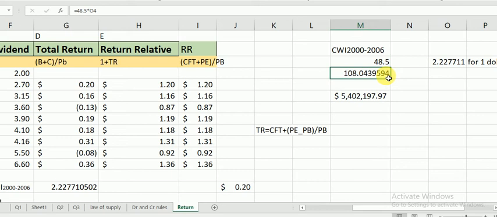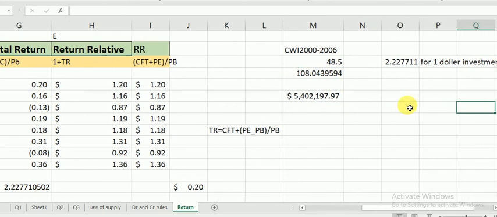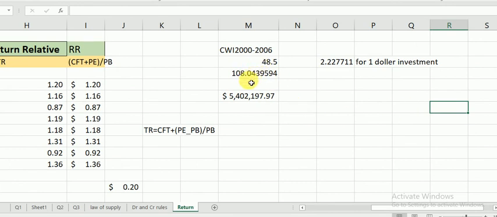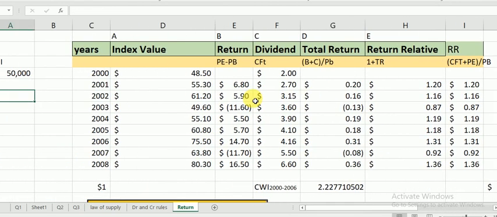So let's suppose in 2000 I make an investment of $50,000. If in 2000 $1 increased in 6 years from 1 to 2.22, how much will be the value of 50,000 if I make the investment here in 2000?